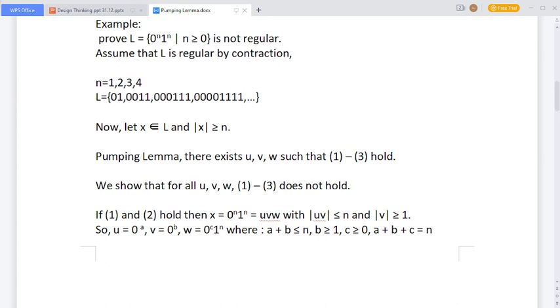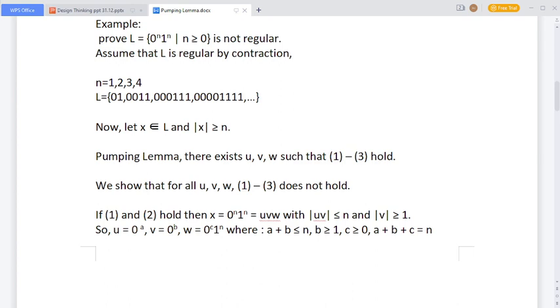So u equals 0 power A, that is one part. v equals 0 power B, that is one part. w equals 0 power C and 1 power n. Here A plus B plus C equals n.